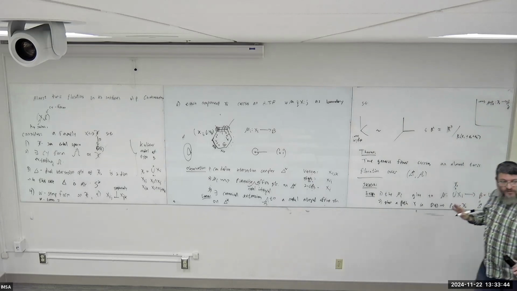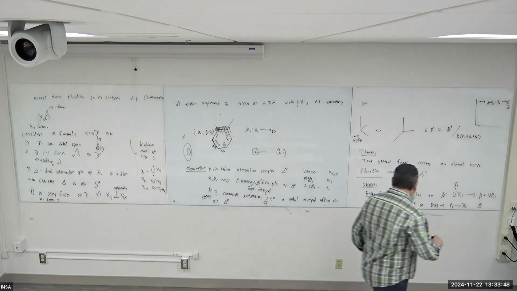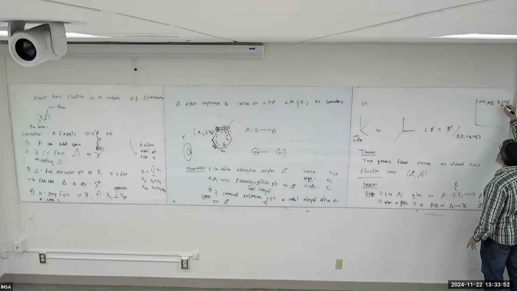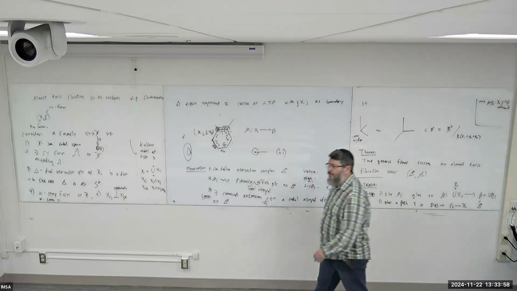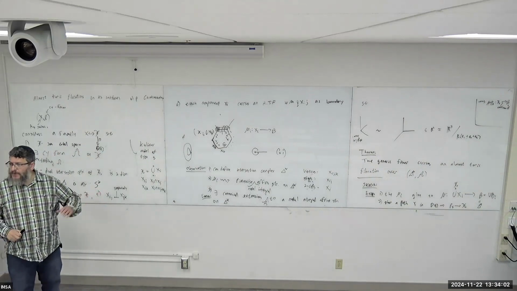So we have a continuous map. I'm claiming that this is continuous. And now the question is, what can I say about this map?